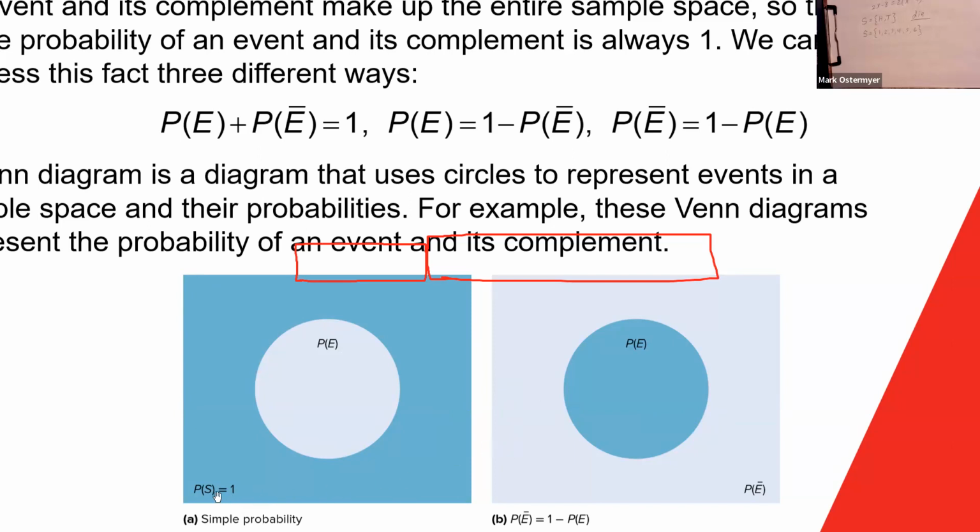Well, that's going to be 1 minus the probability of event E occurring, which means that it's going to be equal to this white shaded area outside of the blue circle. Okay, so you can think of events as being also like sets, and you can relate events to set theory as far as unions and intersections are concerned, like you talk about in set theory.